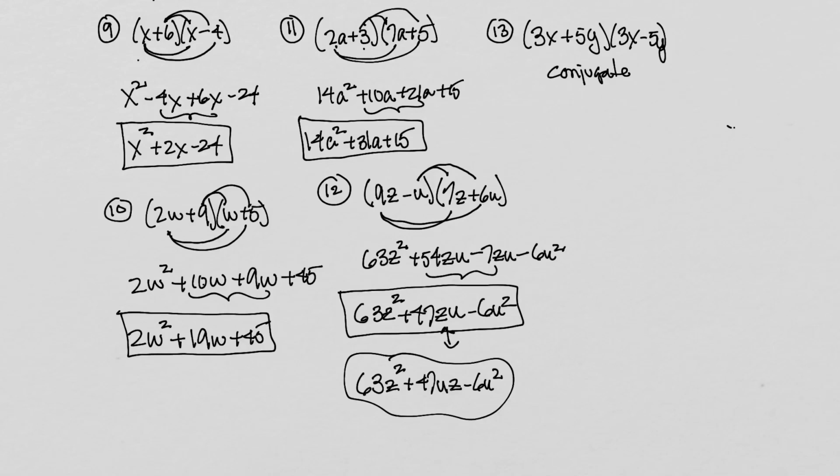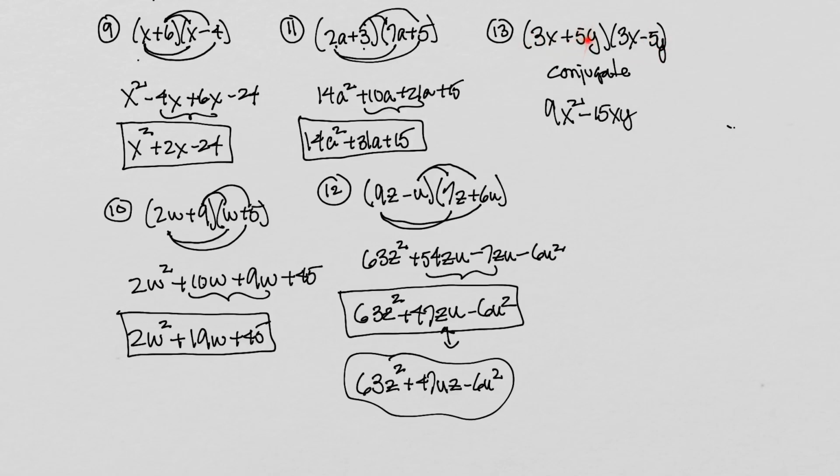Let's do that. Let's take the first times the first. So 3x times 3x, we get a 9x squared. Now look at this outer product. 3x times negative 5y. Positive 3 times negative 5 is going to give us negative 15xy. Now let's move over here.